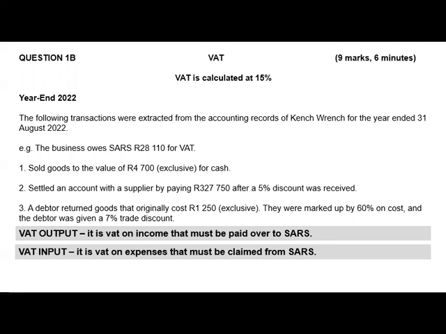So we will first have to find the selling price by multiplying that cost price of 1,250 by 160 divided by 100. And then they continue and say that the debtor was given a 7% trade discount. So we calculated VAT on 100%. And the fact that the debtor was given a trade discount, we cannot calculate VAT on the 160%.